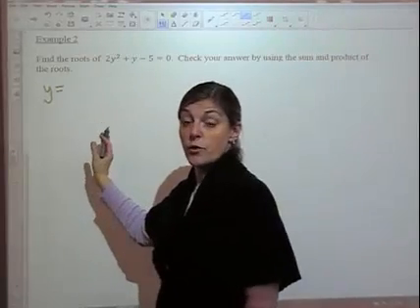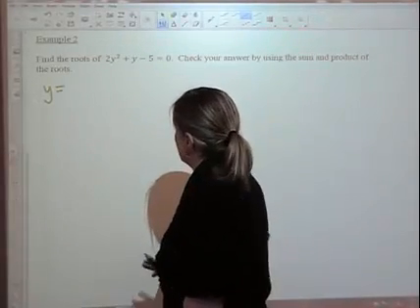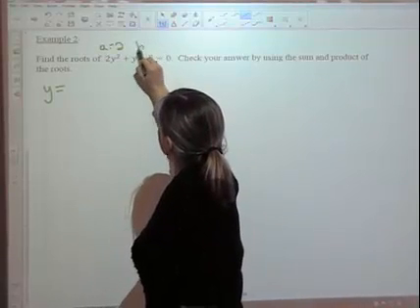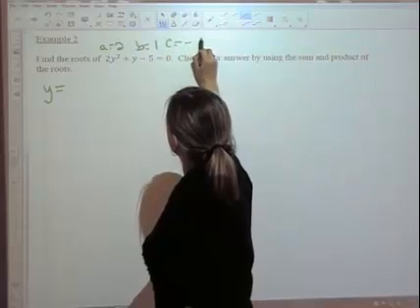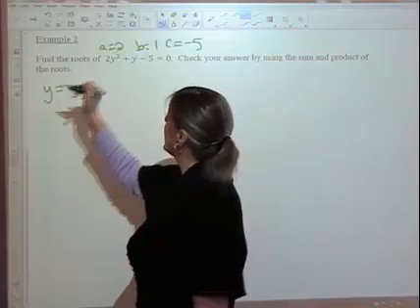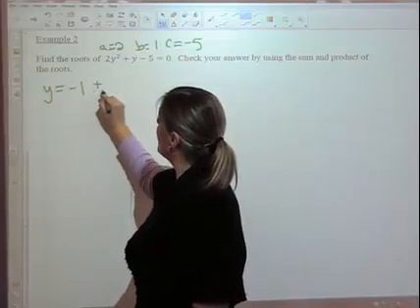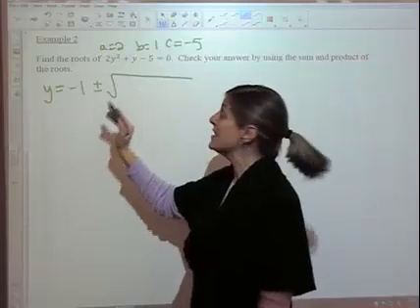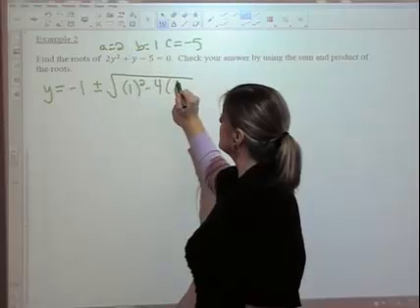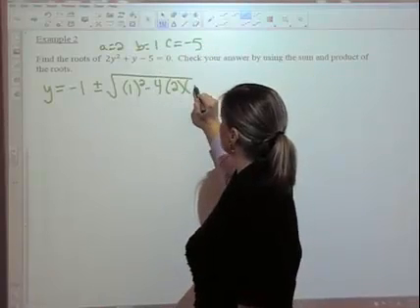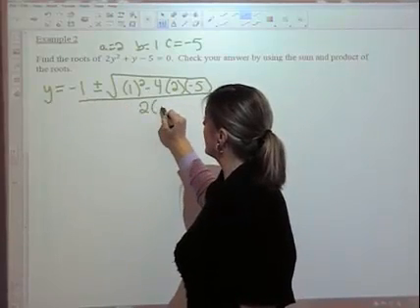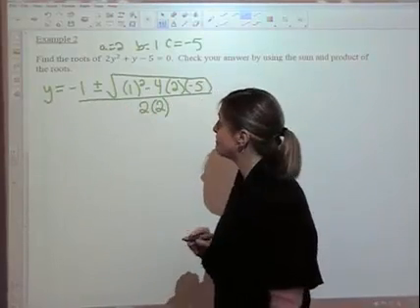So remember, quadratic formula is negative b, so here a is 2, b is 1, and c is negative 5. Okay, so remember, negative b, so negative 1, plus or minus the square root of b squared, so we've got that 1 squared, minus 4 times a, which is 2, times c, which is negative 5, all over 2 times a, which was 2.